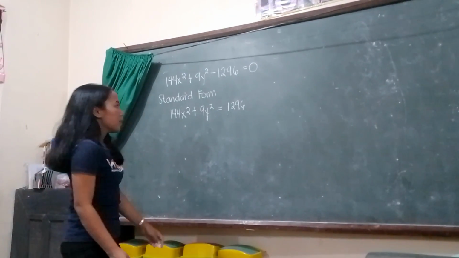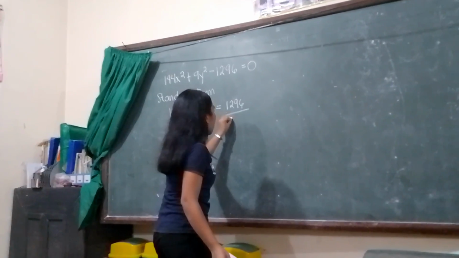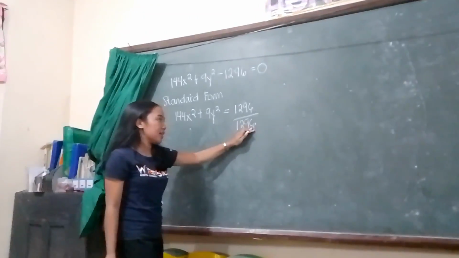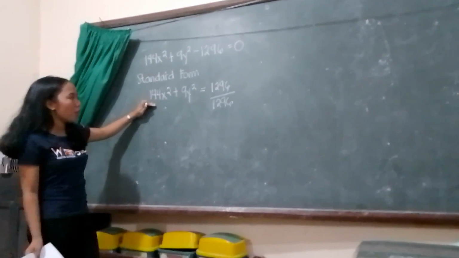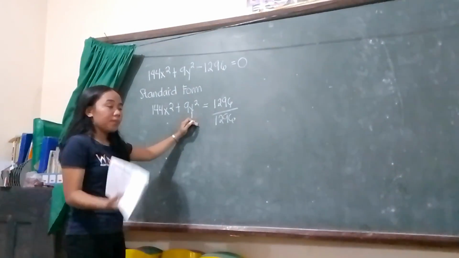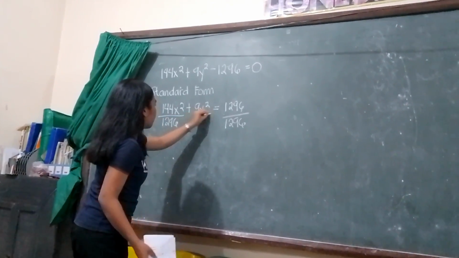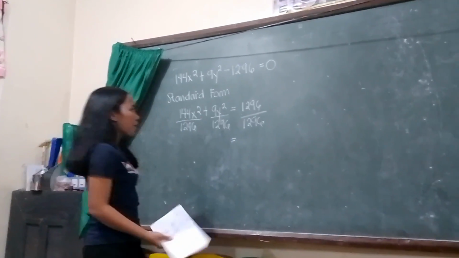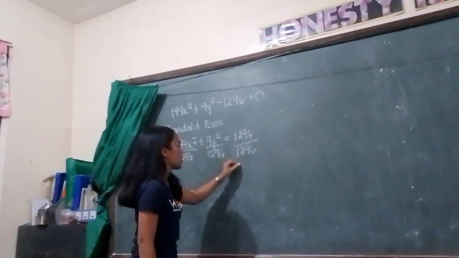Okay, to equate this into 1, we have to divide it by itself, which is 1,296. And since we divide the right side by 1,296, in the left side we also need to divide by 1,296. Therefore, 1,296 divided by 1,296 is equal to 1.